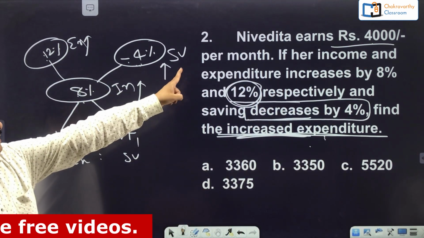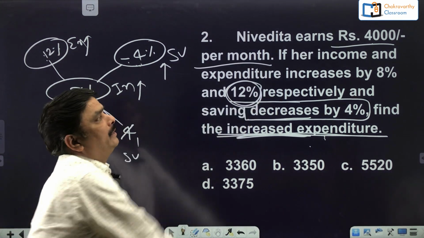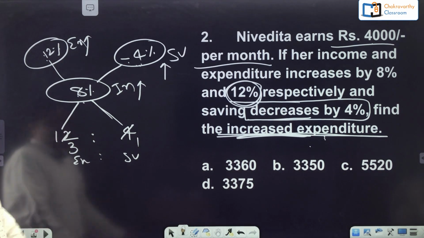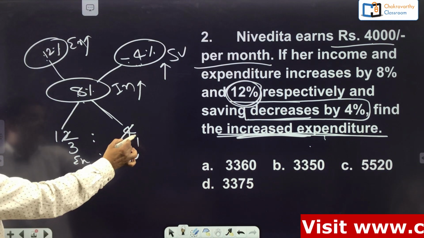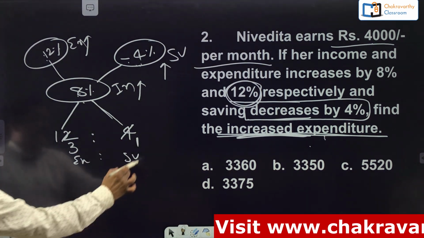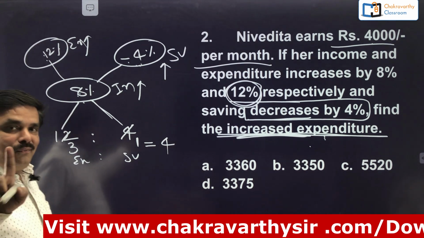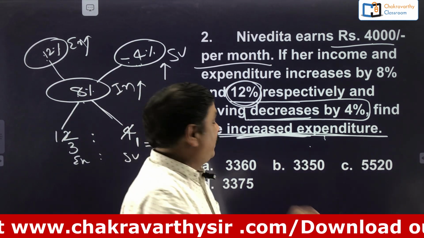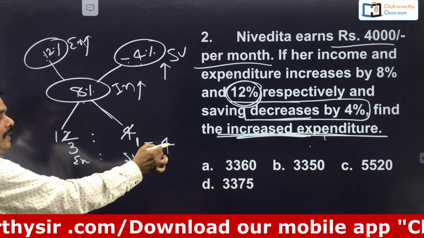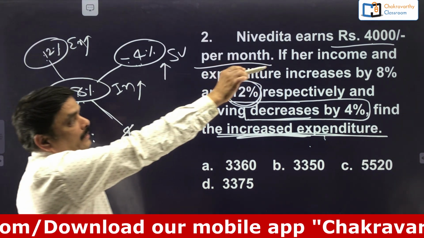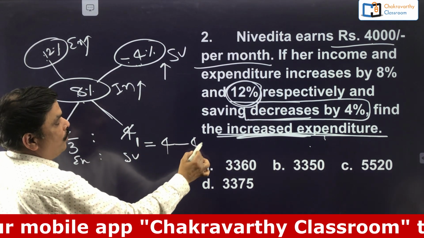What is that? Nivedita earns 4,000 rupees per month. That means income is 4,000. Now simple, students: expenditure is 3 parts, savings 1. Obviously, income is equal to 3 plus 1, 4. We are using the unitary method here. These are imaginary figures: 3 expenditure, saving 1, income 4. Here the income they have given is 4,000, so I can equalize this 4 to 4,000.